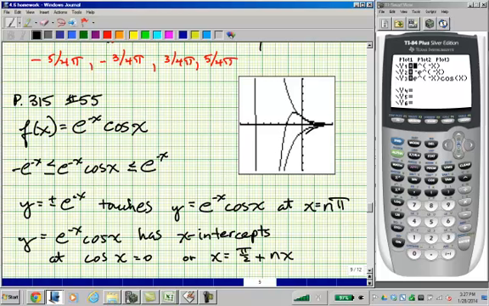Now, e to the negative x times the cosine of x has to be less than or equal to e to the negative x and greater than or equal to negative e to the negative x. It's always going to be between these two functions. And you can sort of think of e to the negative x plus and minus as the amplitude.